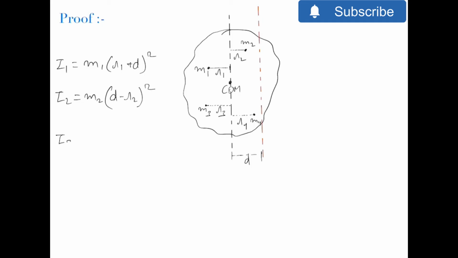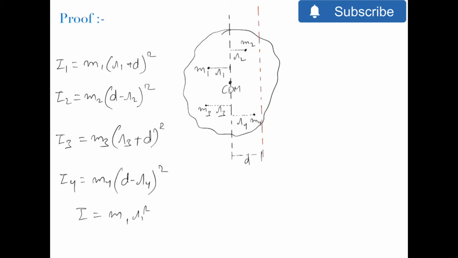Now I3 would be m3 into (r3 plus d) whole square, and I4 would be m4 into (d minus r4) whole square. So similarly, if we add up all of these, the total moment of inertia I would be equal to m1 r1 square plus m2 r2 square up to mn rn square.